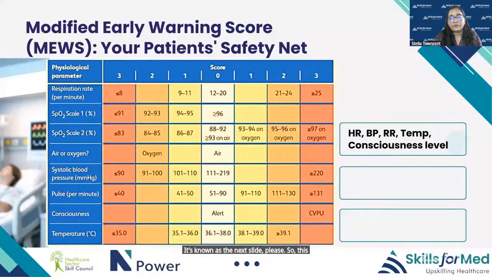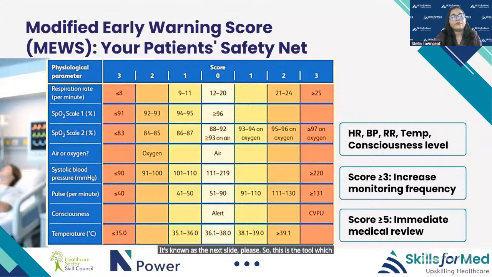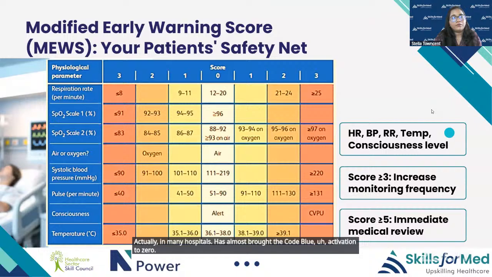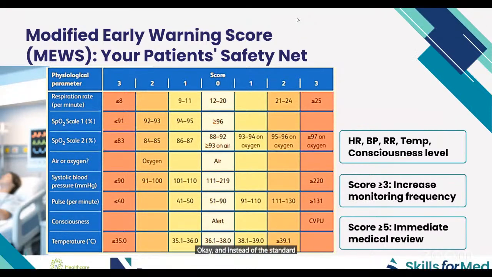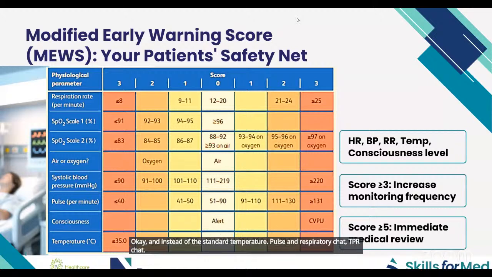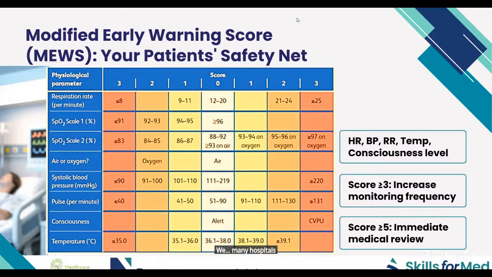So this is the tool which in many hospitals has almost brought the code blue activation to 0. This is known as the Modified Early Warning Score, or the MEWS chart. Instead of the standard temperature, pulse and respiratory chart, the TPR chart, many hospitals have now implemented this MEWS chart.